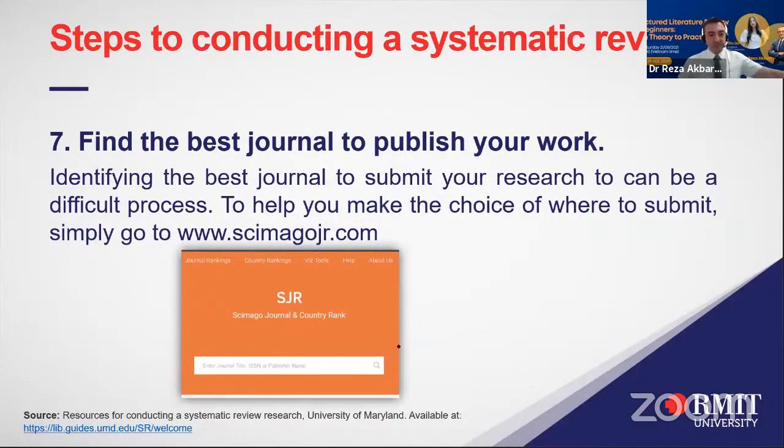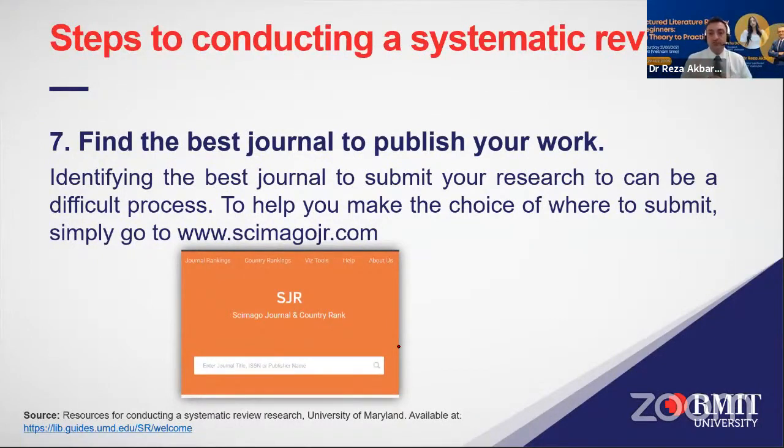All right, so another very, very important step. You need to identify where you want to publish your paper. Not all journals publish systematic literature reviews, right? So the best way is either you use the ABDC rank from Australia, or you use SCImago, whatever method. I'm just pointing out SCImago here.